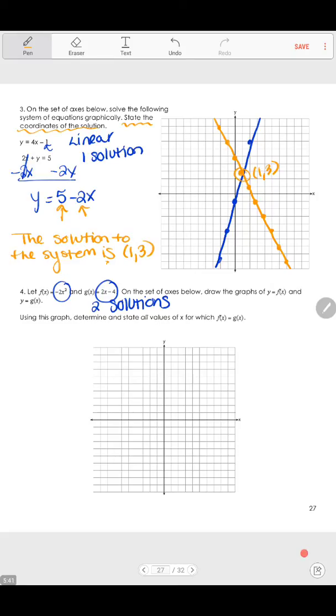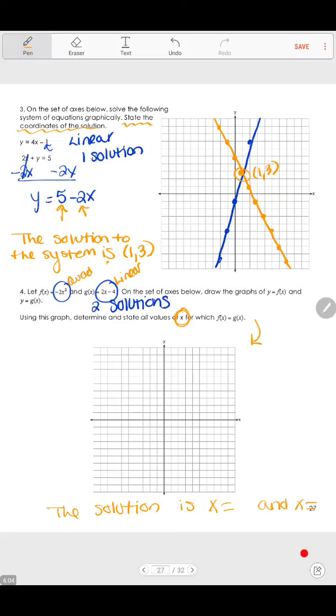Okay, and you would do the same thing for problem number 4, except they only care about the x value. So when you're writing your answer, you would say the solution is x equals some number and x equals some number, because I know there's going to be 2 solutions since this is a quadratic and this one's linear.